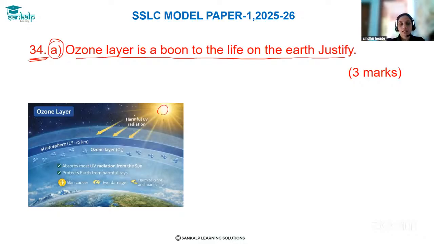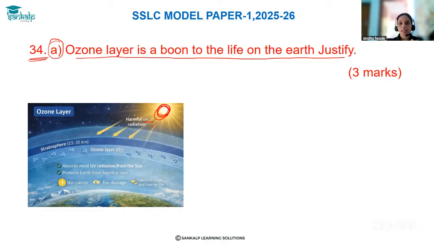When sunlight comes from the sun to the earth, this sunlight contains many harmful radiations like ultraviolet and others. See, these rays are very dangerous.